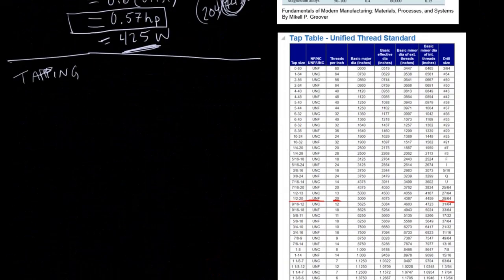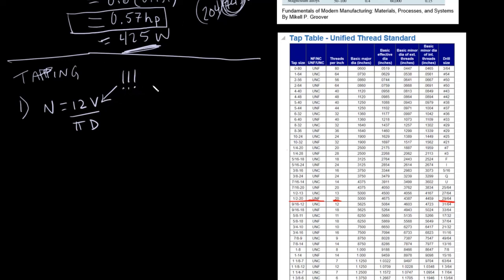Okay, so first we're going to figure out N. Now for tapping, the formula is exactly the same for your spindle speed. So N equals 12 times V over pi D. Now V changes.